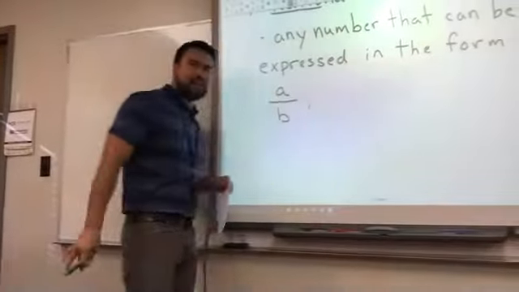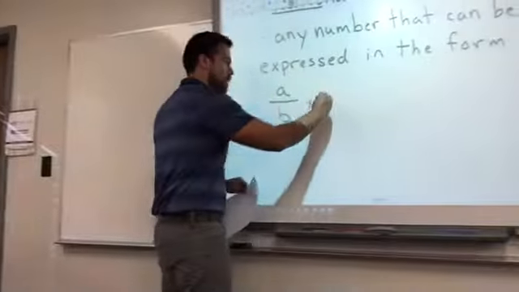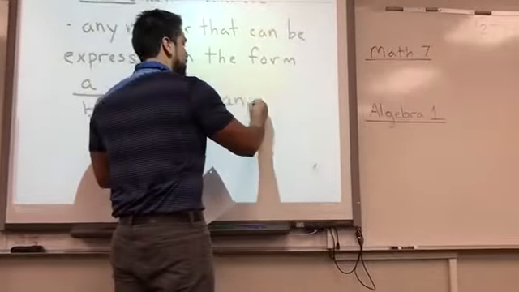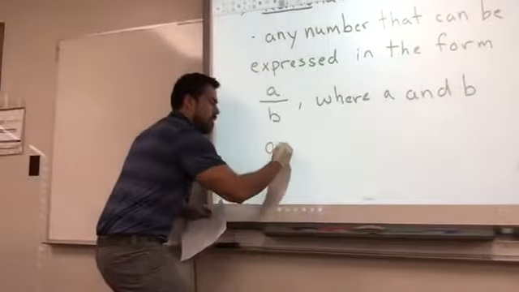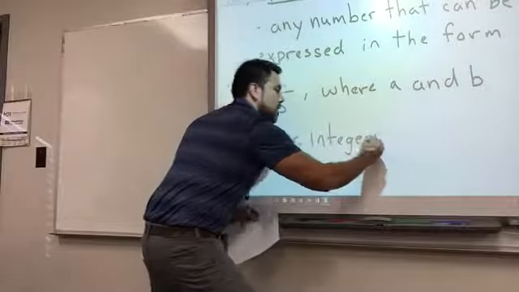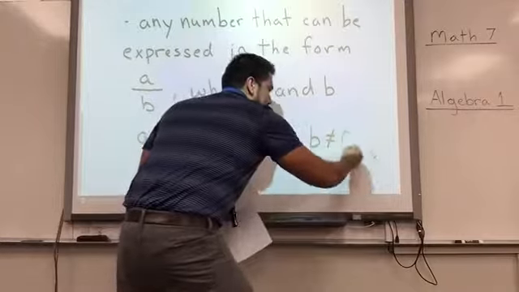And there's a little bit with that form that you need to know. So in the form A over B, where A and B are integers and B cannot equal 0.